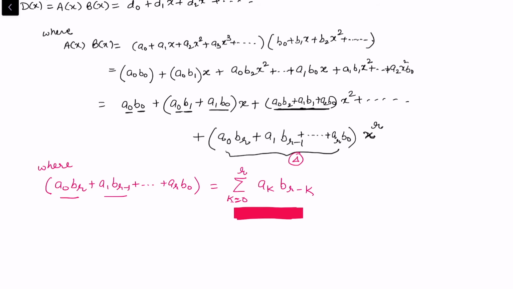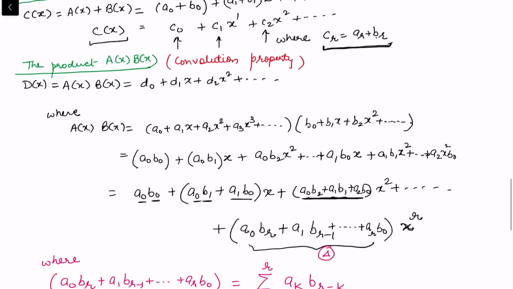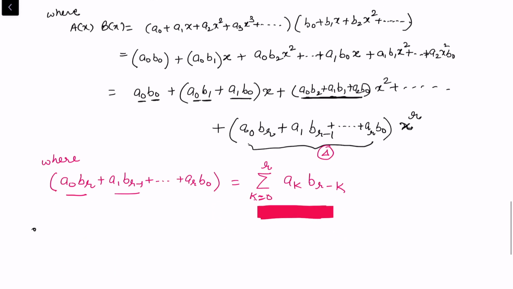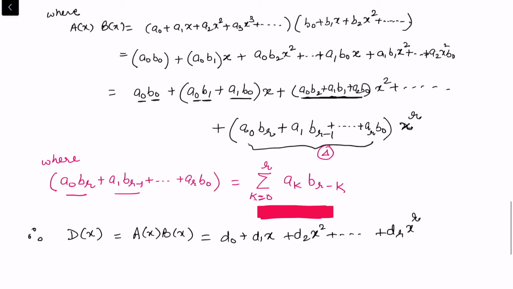Now we go back here. If in our problem we had Dx here, and Dx is D0, D1x, and so on, so we can say this is number 1. What will be the general term Dr here? So we can say Dx, which is the product of Ax and Bx, and that we have written as D0 plus D1x plus D2x squared plus so on plus Dr x to the power r and so on.